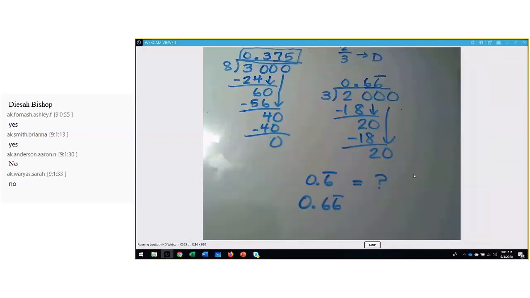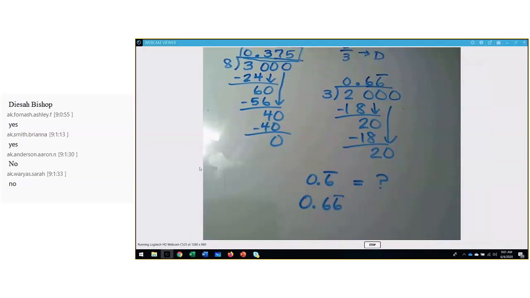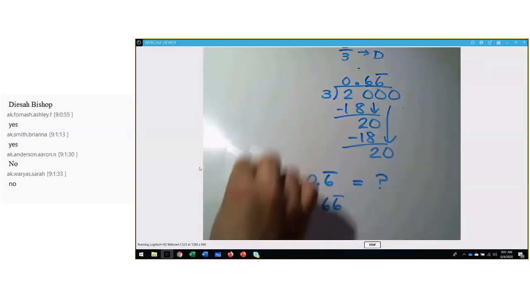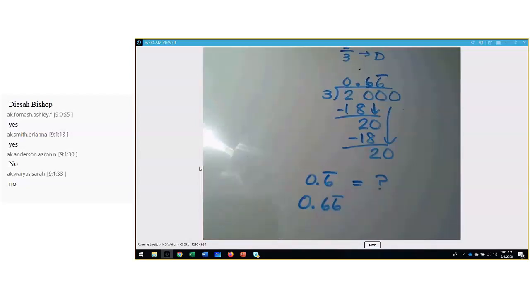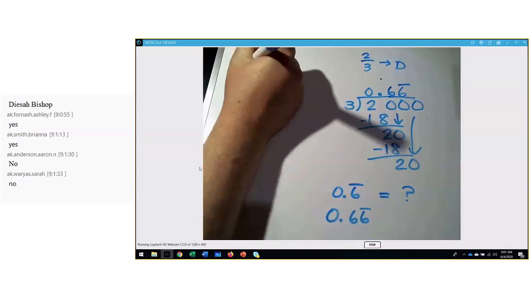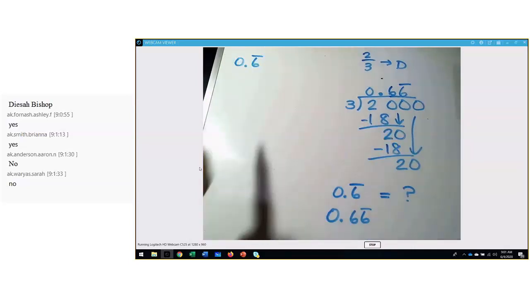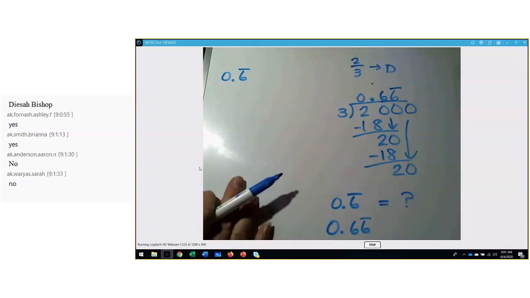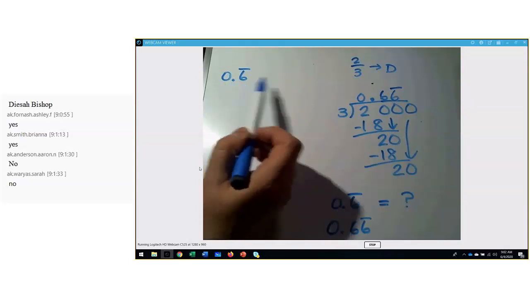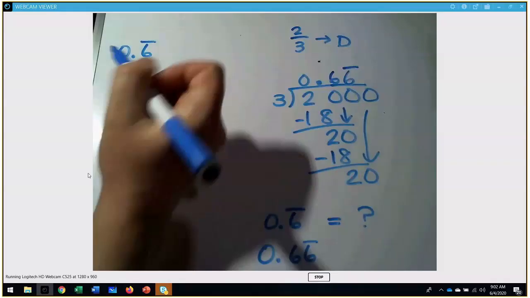Let's look at it. I'm going to do it over here. So let's talk about what the bar is trying to tell you. If you have a bar over one single 6 like that, what that means is that the 6 is repeating literally forever.